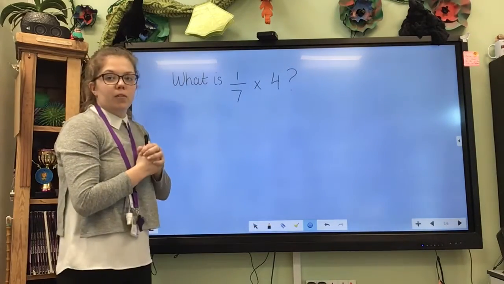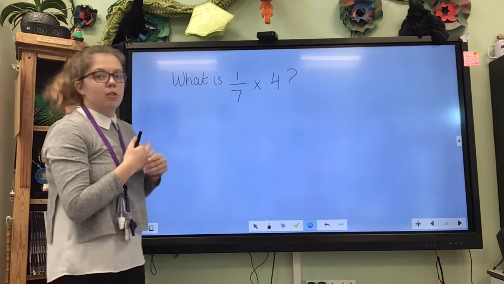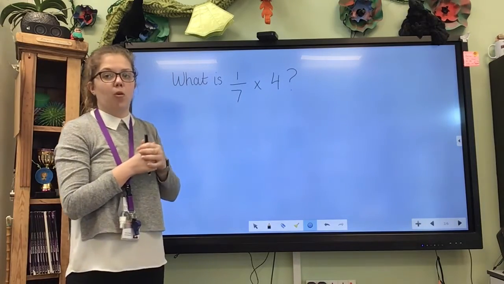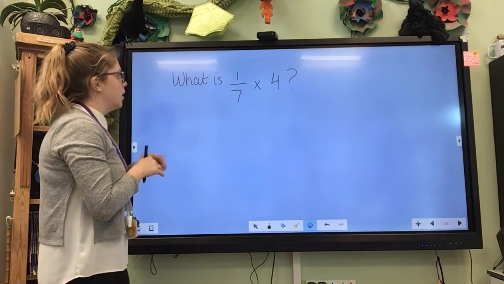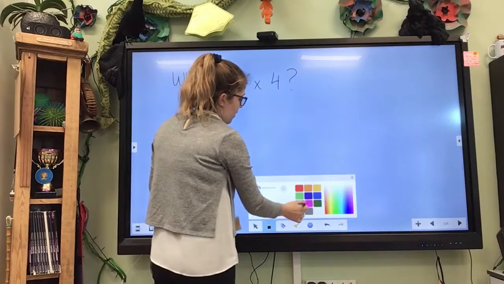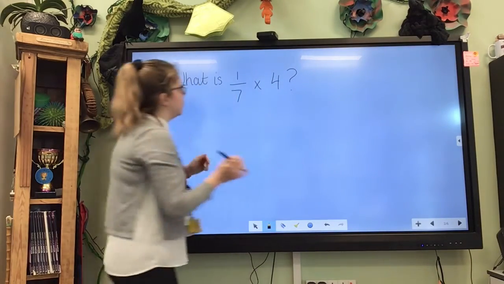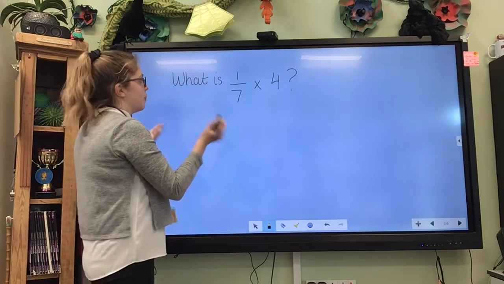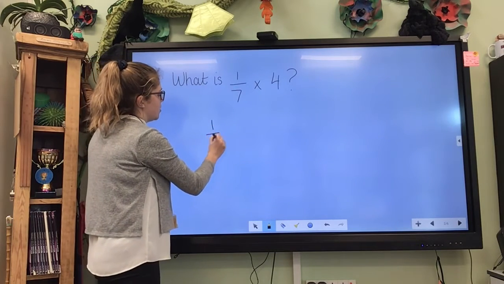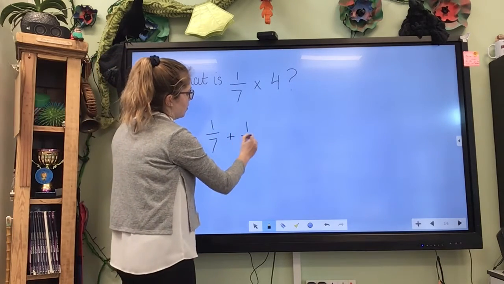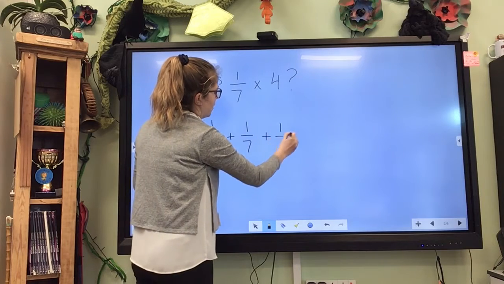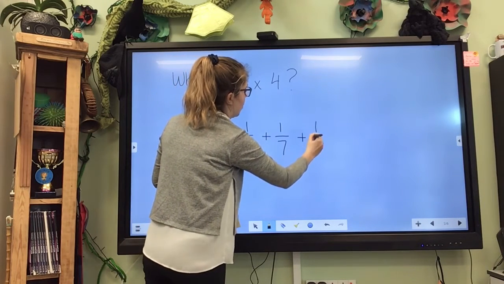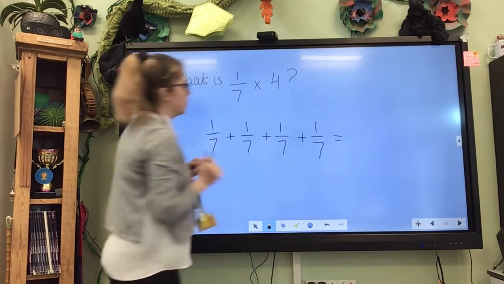So on the board, I've got the question, what is 1/7 multiplied by 4? And as we just saw on the previous slide, we can think about multiplying fractions as repeated addition. So what we're actually doing is 1/7, add 1/7, add 1/7, add 1/7, like that.